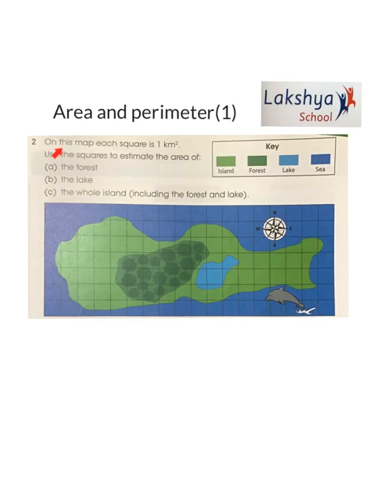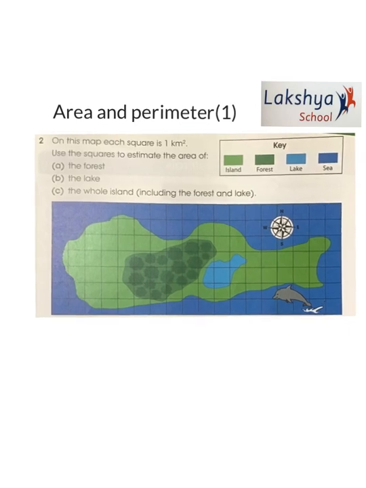Question 2. On this map, each square is 1 kilometer square. Use the squares to estimate the area of the forest, the lake, and the whole island, including the forest and the lake. The whole island over here includes the forest and the lake.